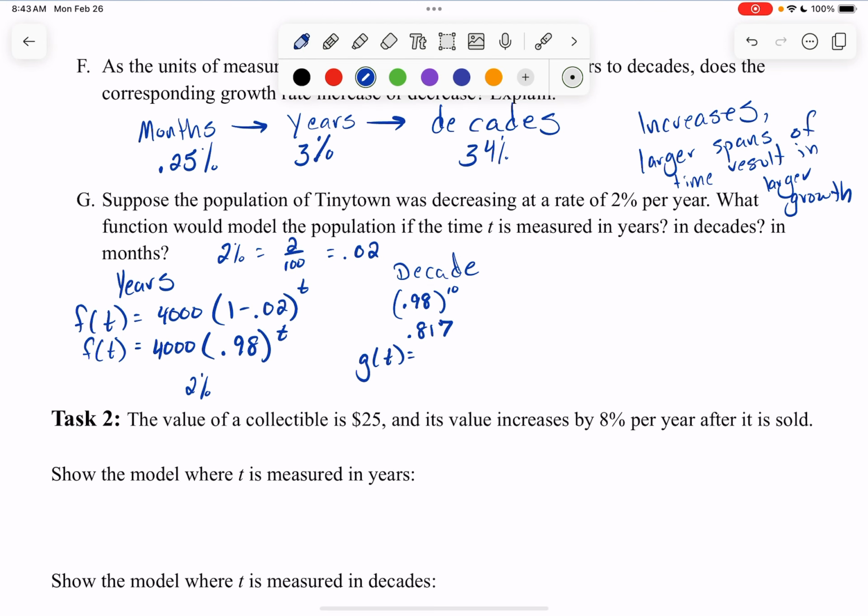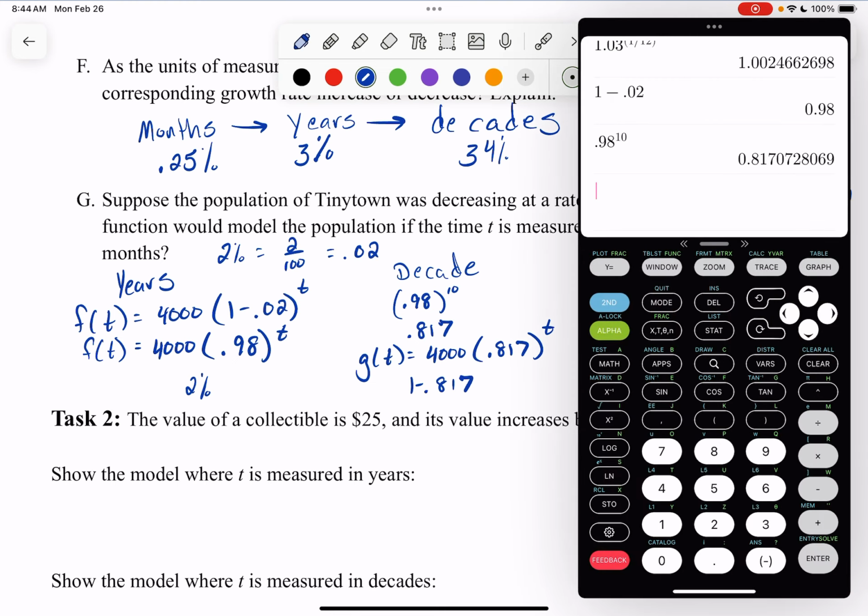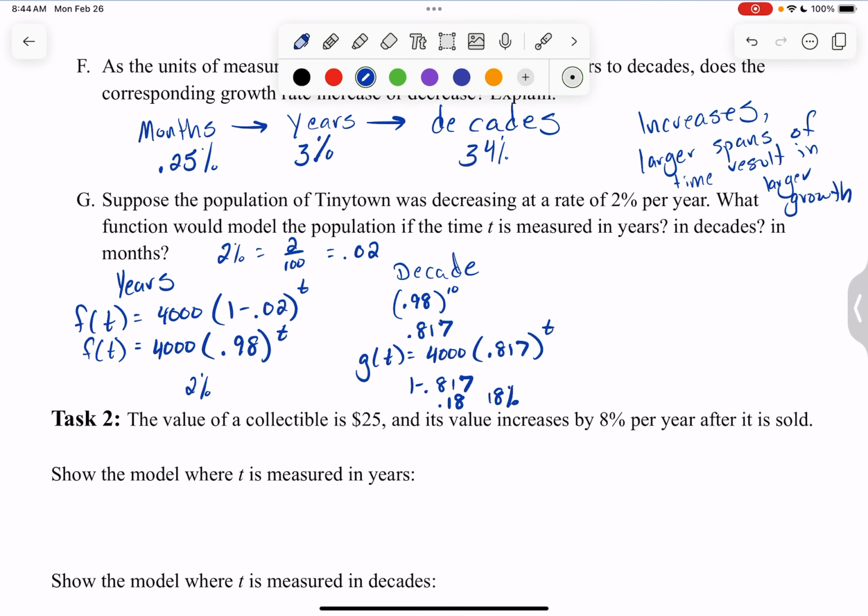So g of t is going to be equal to 4,000 times 0.817 to the t. My rate, to figure that out, I need to take 1 minus 0.817. It's about 0.18, which corresponds to 18%. So here it's about 18% if we go by the decade.